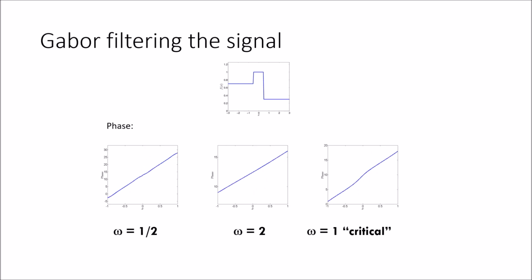We can also look at the phase response to this signal for those interested in filter design. And we will see that while we get a linear phase response for the low and the high frequency, we do not get it for the critical frequency of 1, where the filter is about as large as the bar. We get here this bump.